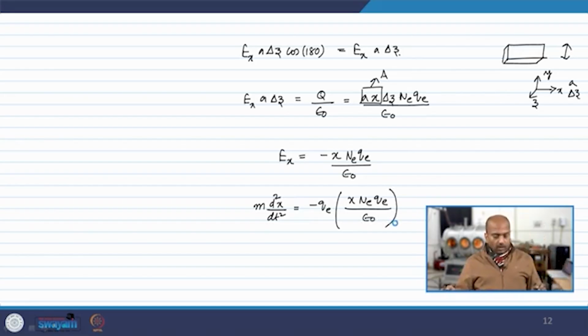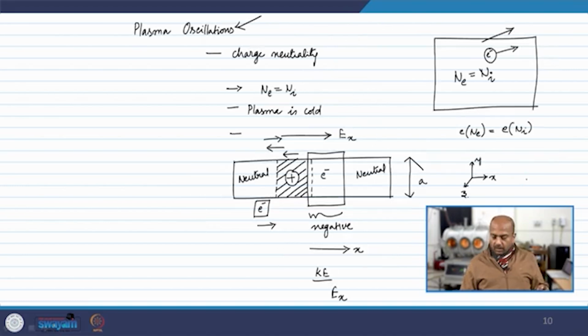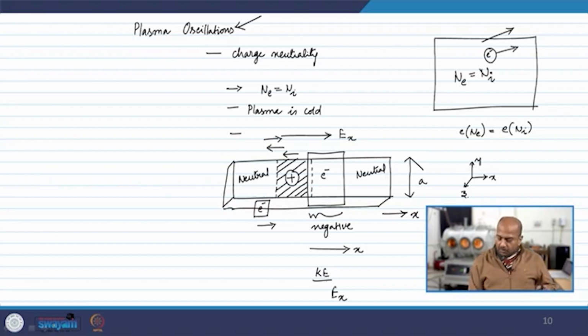I will just go back and tell you what I have done. The charge is A x Ne Qe. If we go even a slide before that, A is along the y direction. Along the x, the distance is measured in x, and since we have not drawn the other dimension here, this one is dz or delta z, right.